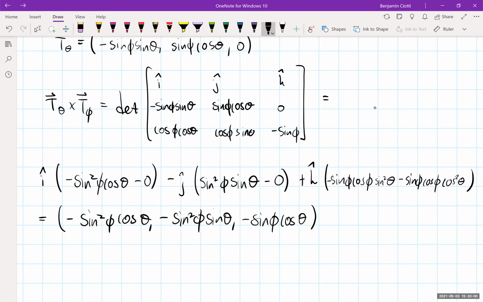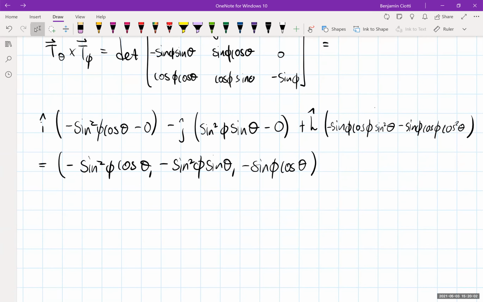In fact, you could even pull a sine phi out. We can pull a negative sine phi out of this. Negative sine phi.